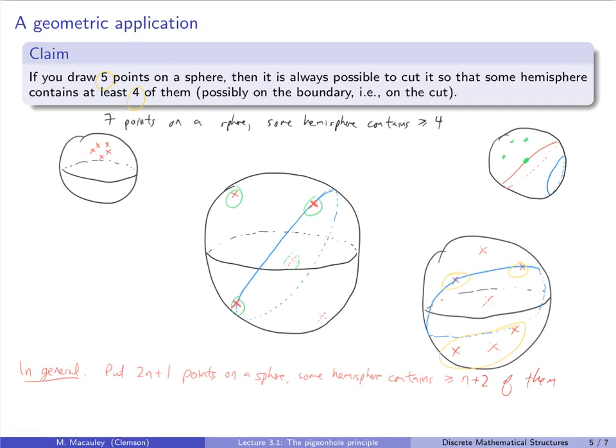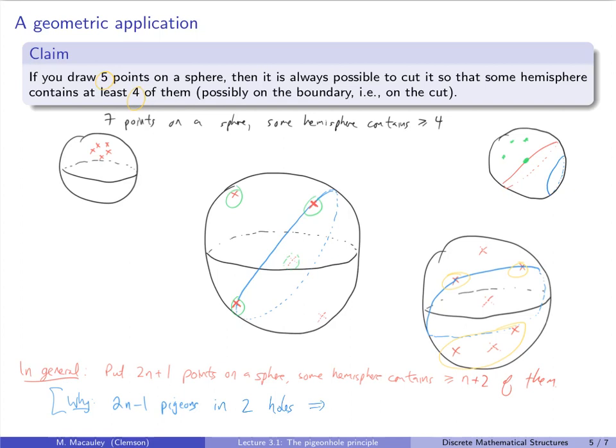And the reason why is because when we have 2n plus 1 points and we subtract 2 of them that lie on whatever great circle we choose to draw, we end up having 2n minus 1 pigeons that we have to distribute among the 2 hemispheres, the top and the bottom. 2n minus 1 pigeons in 2 holes.